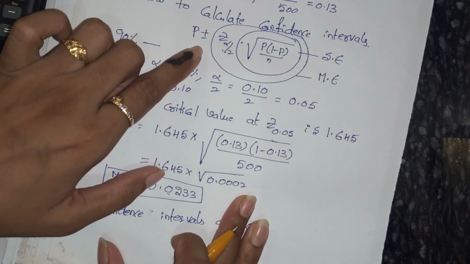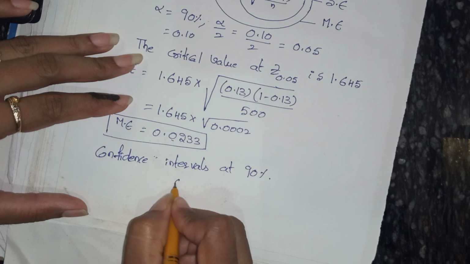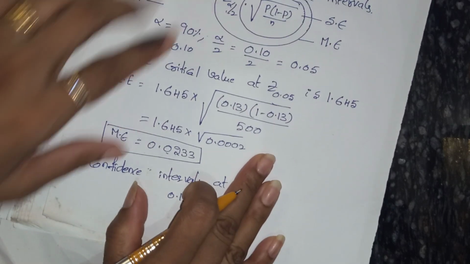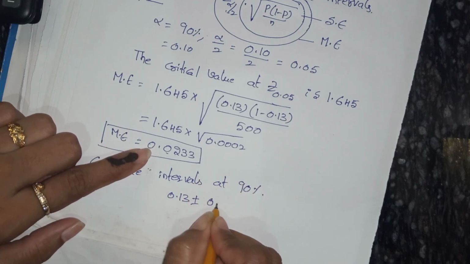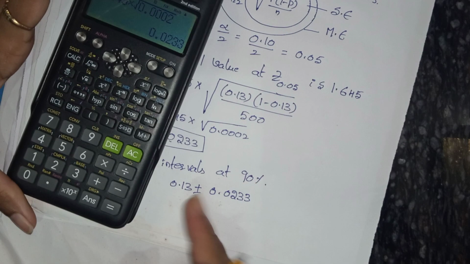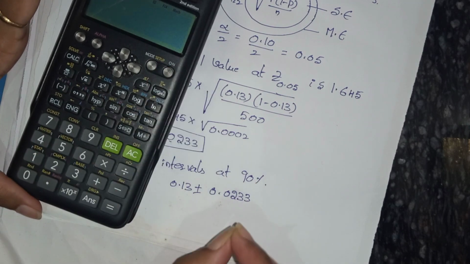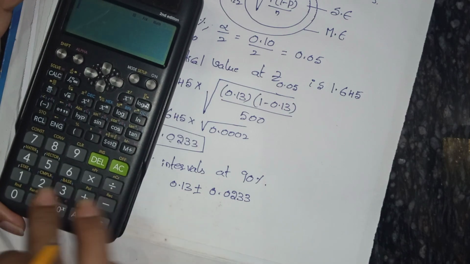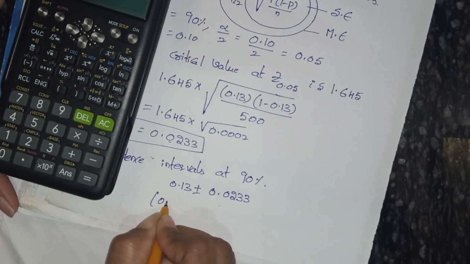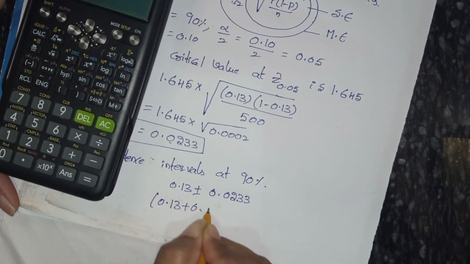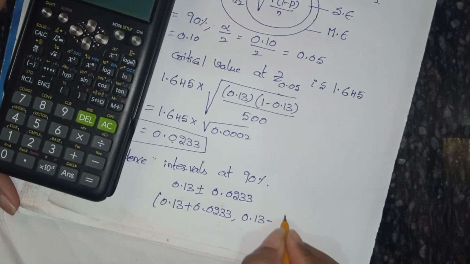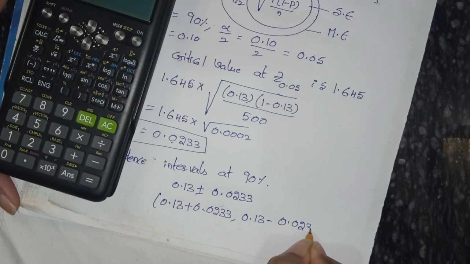So 0.13 plus or minus the margin of error, which we have calculated, 0.0233. After the decimal we have to say each and every digit. So 0.13 plus 0.0233, comma, 0.13 minus 0.0233.